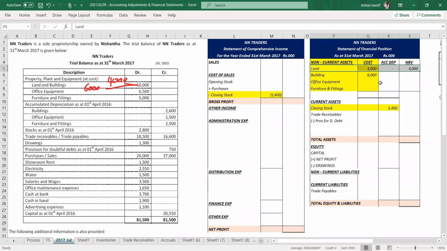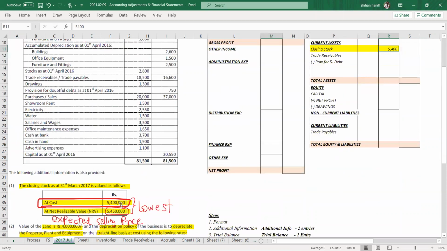There are a few questions. Why we are not taking 5,450 is we have to take the lowest of cost and NRV. So when it comes to inventory, we take the lowest of the cost and NRV. So here the lowest is cost, 5,400. So you don't take the NRV. What is the accounting concept related to this?